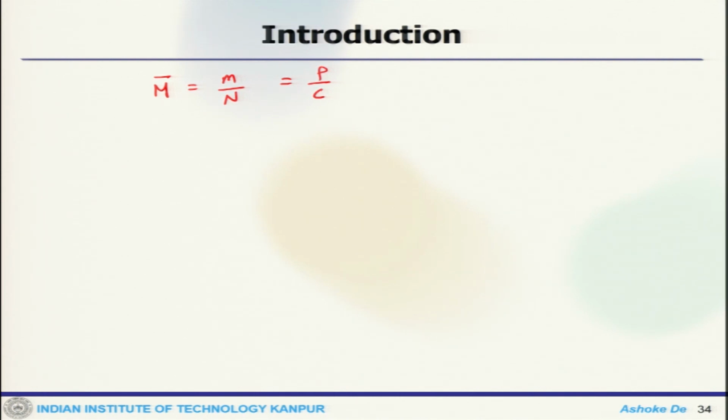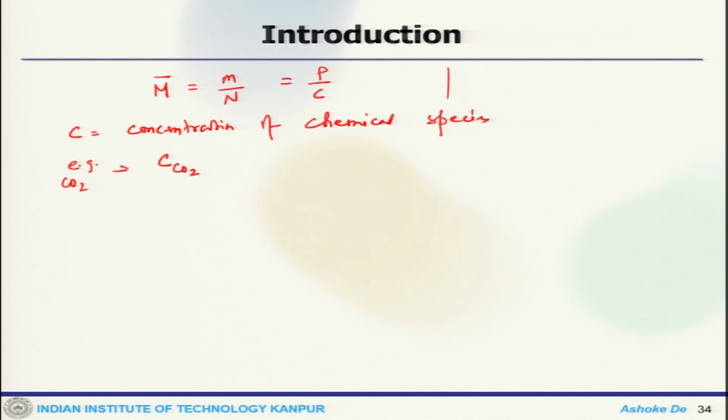Now, the convention in chemical kinetics is the concentration. The concentration C of chemical species is usually shown by a symbol. So, if I say this is the concentration of a chemical species, then for a particular species, let us say for example CO2, one can write it as the concentration of CO2 like this.